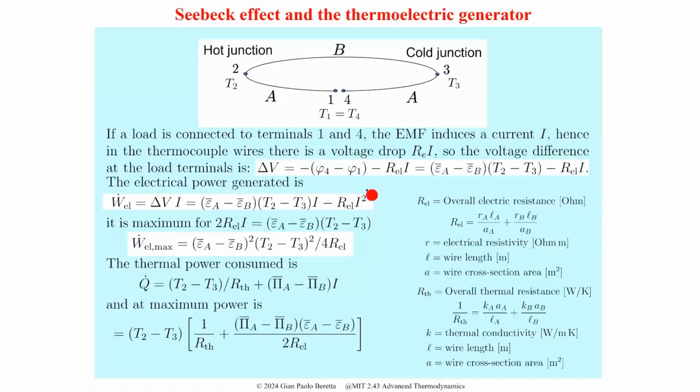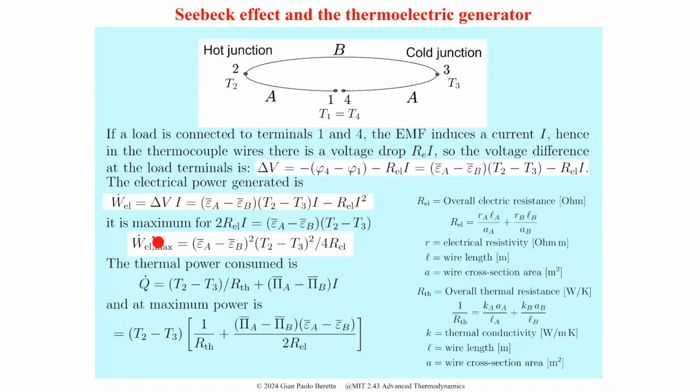And as you see, there is a Joule effect dissipation. So the higher is this, the more inefficient is my energy. The problem is that if I want to make this 0, I have to make I 0, so I also get 0 work. So there is a compromise, and one way is to compute the maximum power.